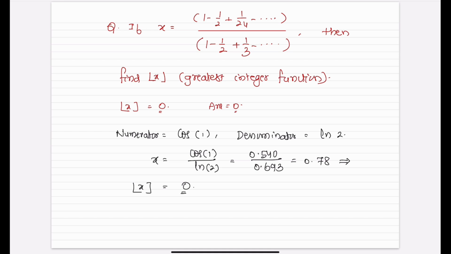That is the answer. From the greatest integer function, the value of the greatest integer which is less than or equal to 0.78 is 0. This is the answer.